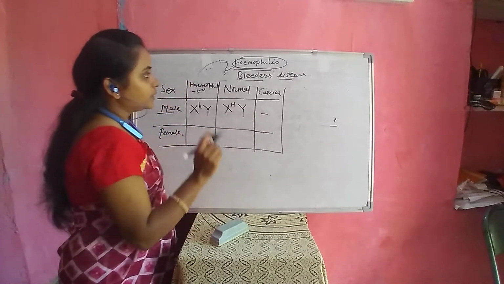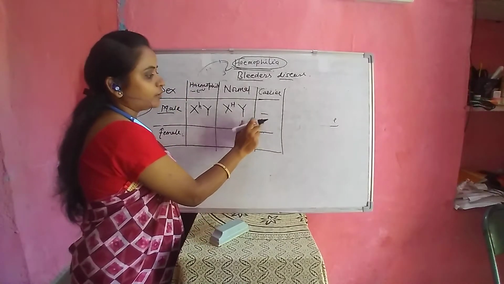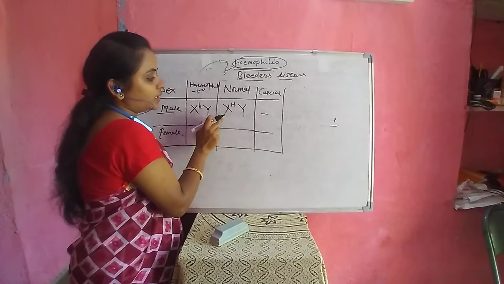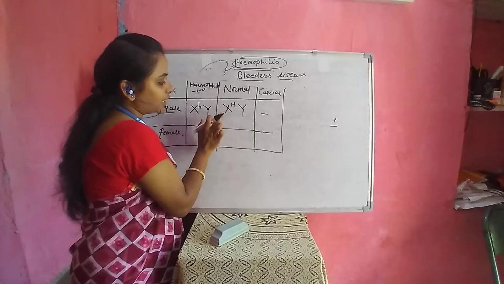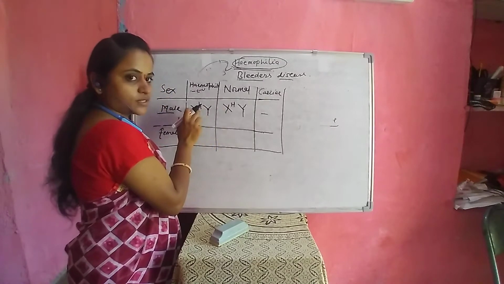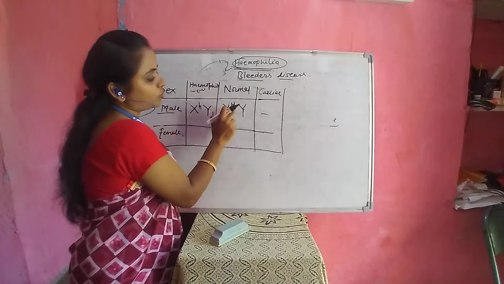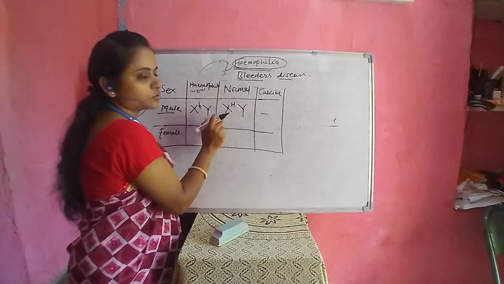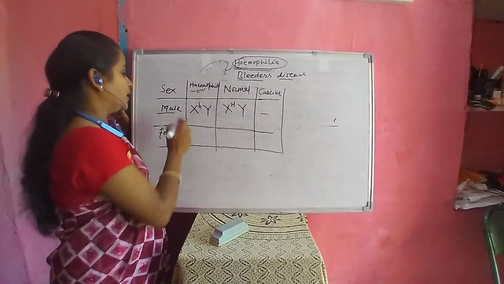In the male, the carrier is absent. Why? Because in the male only one dose of the X chromosome is present. When the recessive gene is present on it, the person is hemophilic, and when the dominant gene is present, the person is normal. So the carrier is absent in the male.